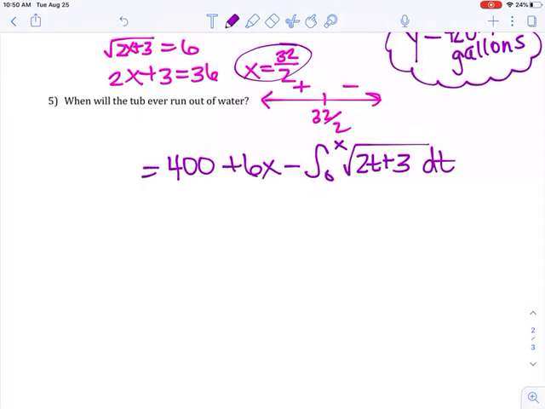So this equation that I'm writing in purple, this is our amount of water equation. And if we're going to run out of water, we want this to be 0.